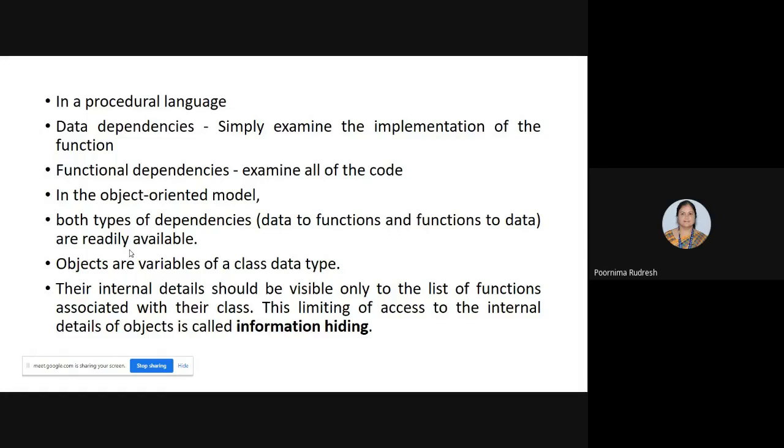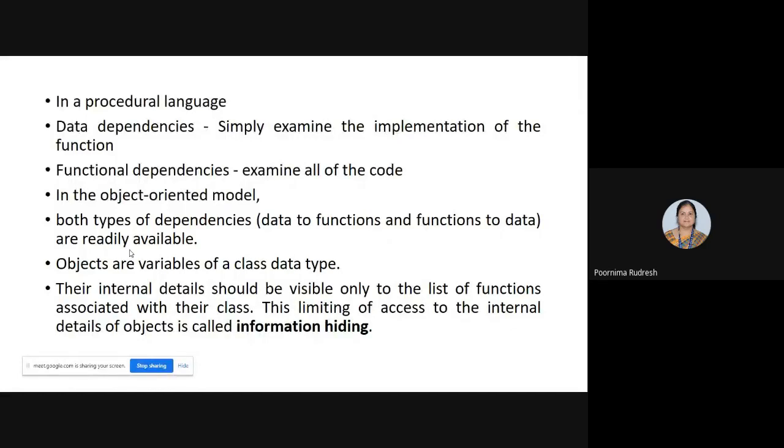Then the other dependency is called the functional dependency. Here, once again, we are depending on the data definition. To find the functional dependency, we have to examine all of the code, looking for the functions on your data.